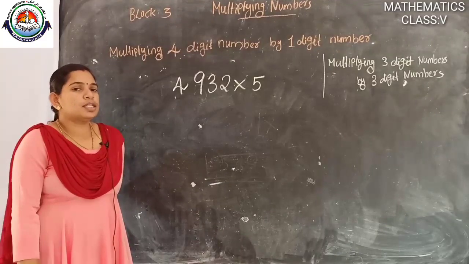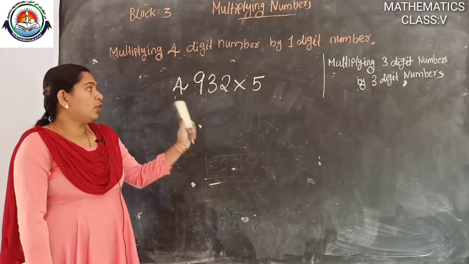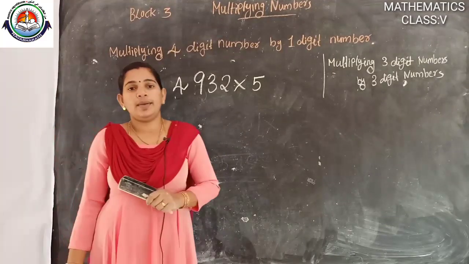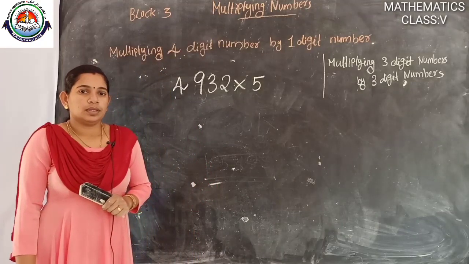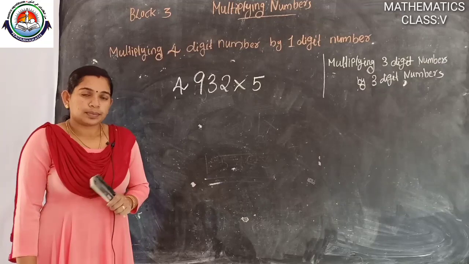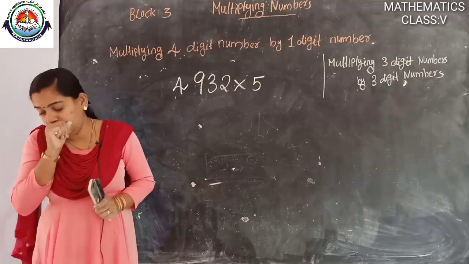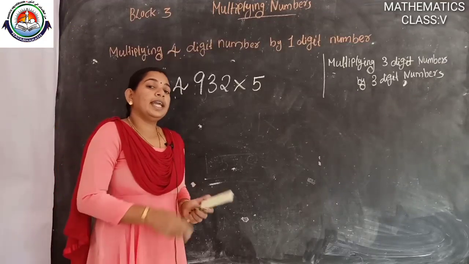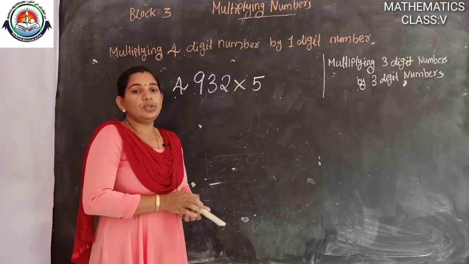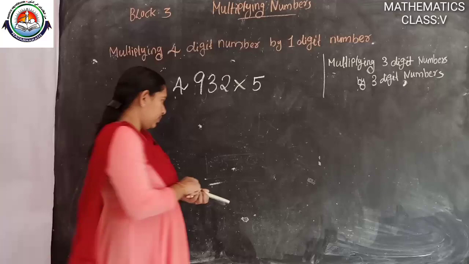You do this problem alone. 4,932 into 5, you try to do alone. Okay, I give the time for you. You just do it. After that, I will explain.